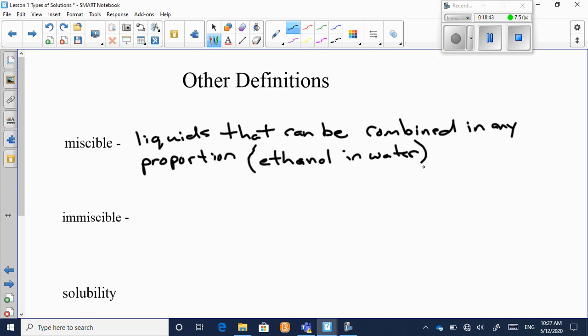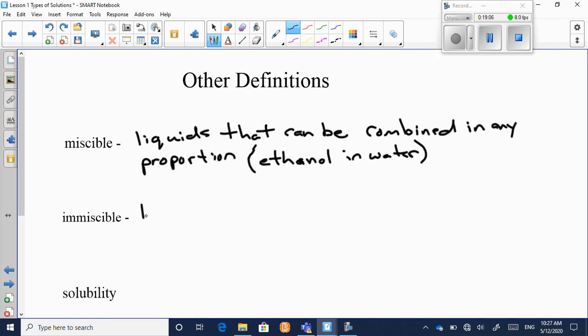So something that is miscible means that you'll never see two layers form like you do with oil and water. So miscible are liquids that can combine in any proportion. You can have 95% ethanol and 5% water, or 50-50, it doesn't matter, they'll always mix.